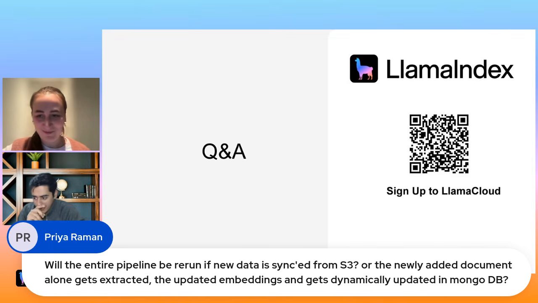For S3 bucket, when you're trying to sync new data, it's an application-level question wherein you can configure it based on your needs. Your new S3 files can be updated with new embeddings, or the old files can be updated with new embeddings. That is both doable.